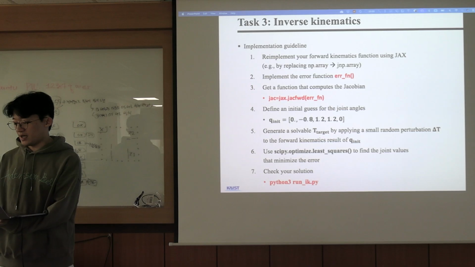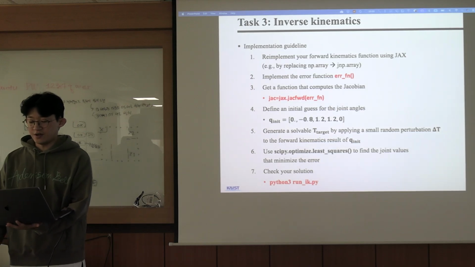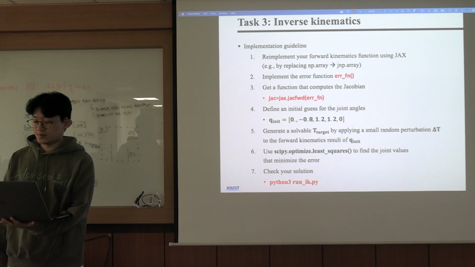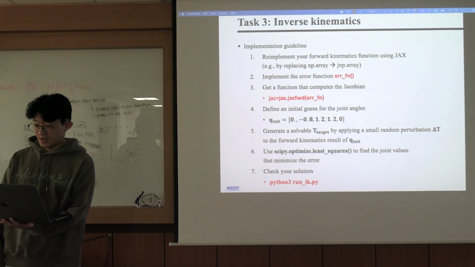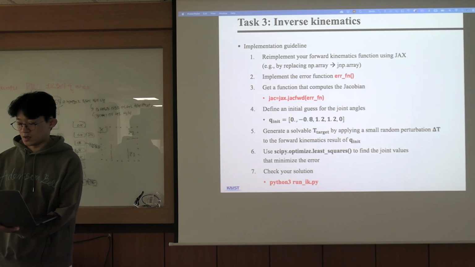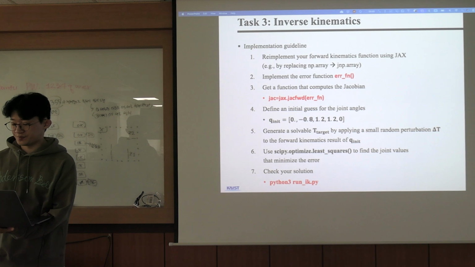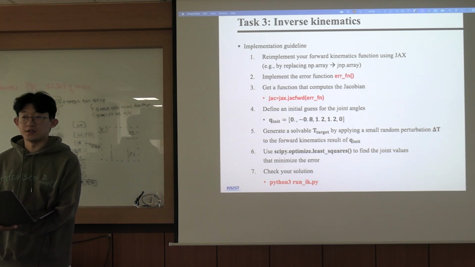Next, define an initial guess for the joint angles. From there, generate a target pose by slightly perturbing the forward kinematics result. Then, use scipy.optimize.least_squares to solve for the joint values that minimize the error. Finally, check your implementation by running python3 run_ik.py.